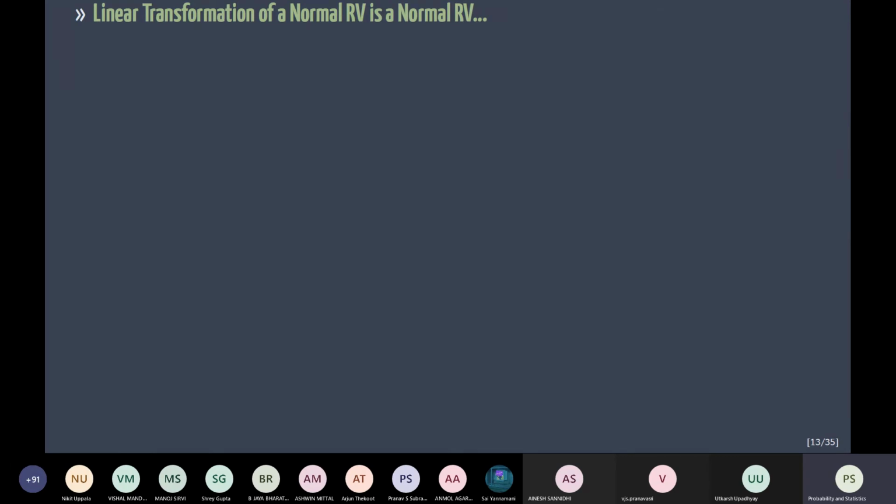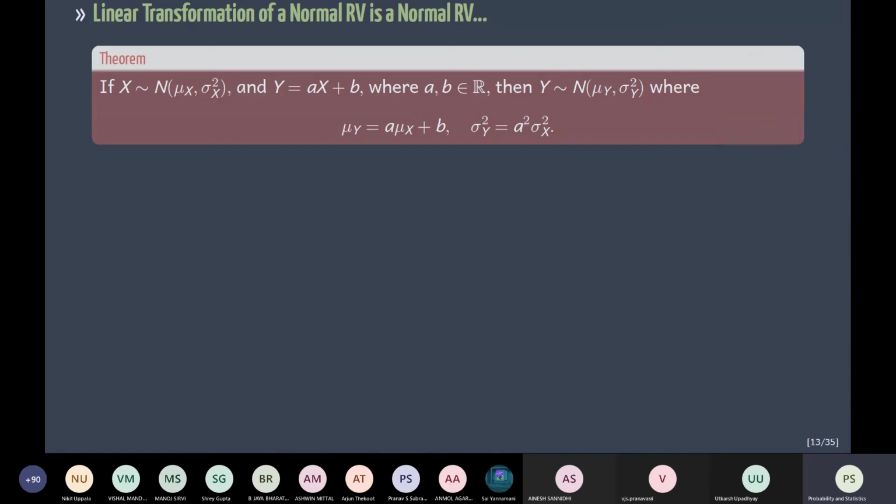So this is the claim: if x is normal with mu x as the mean and sigma x squared as the variance, and y equals a x plus b, where a and b are scalars, then y remains normal, where mu y is a mu x plus b, and sigma y squared is given by a squared sigma x squared.